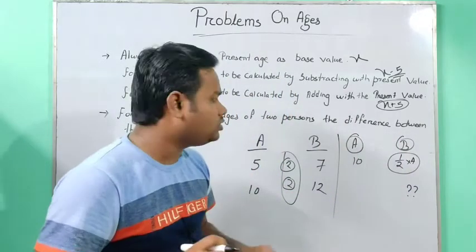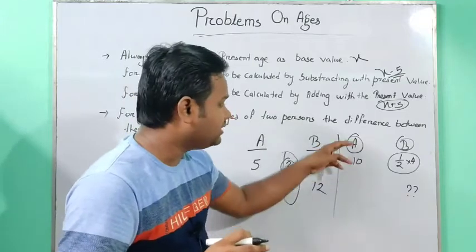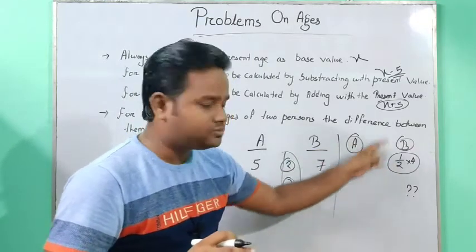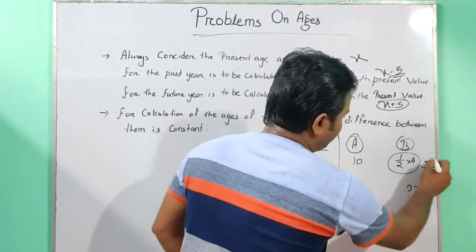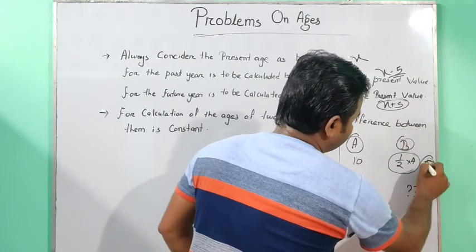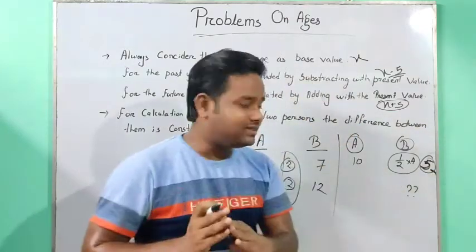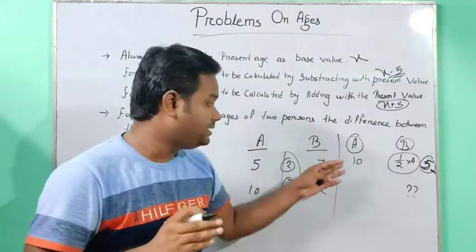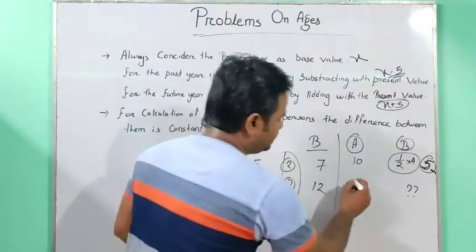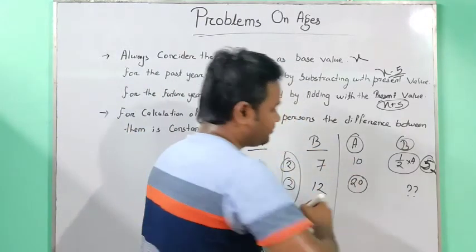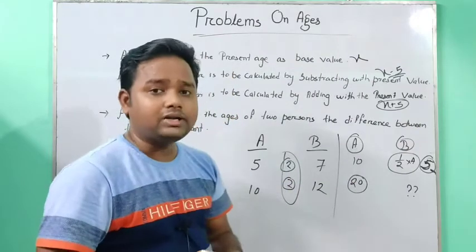Most students will do this: the age of A is 10, B will be half, so half of 10 is 5 years. So 5 is the present age of B. After 10 years the age of A will be 20. Similarly, what is the age of B?